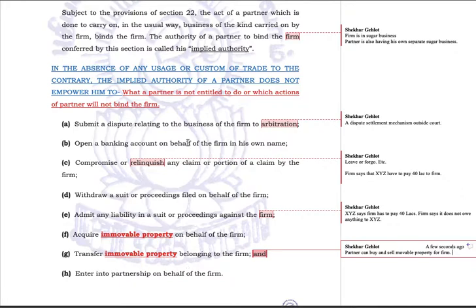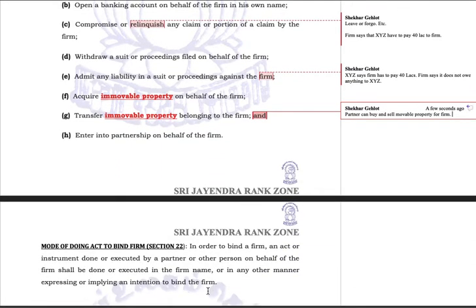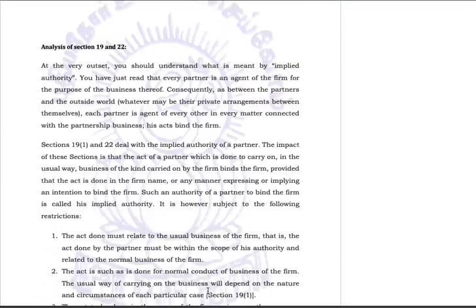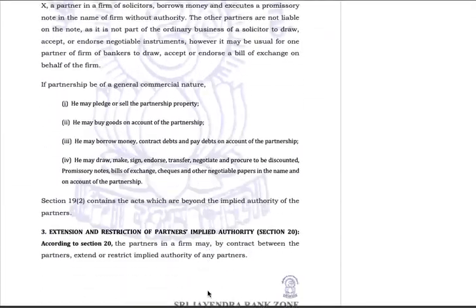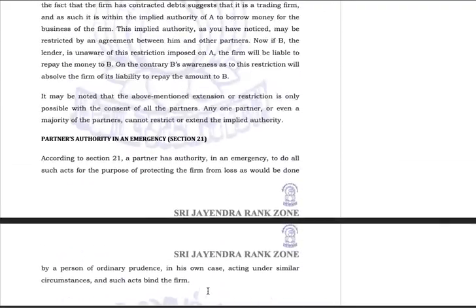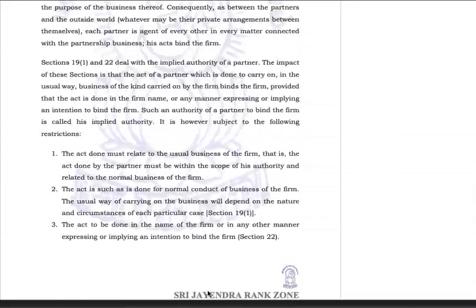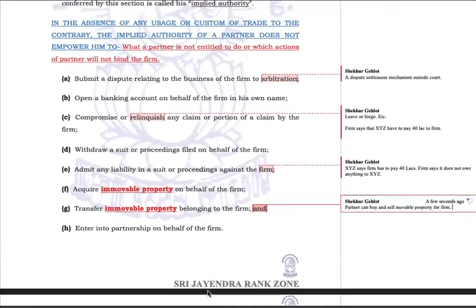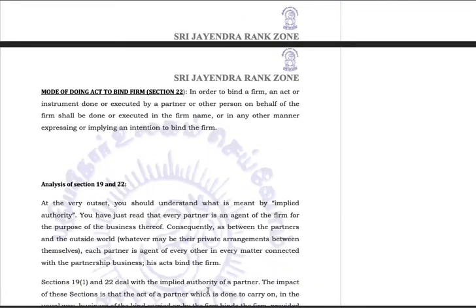Enter into partnership on behalf of the firm. He cannot enter into further partnerships on behalf of the firm. He cannot make commitments with other partnerships on behalf of the firm. Mode of doing act to bind the firm.